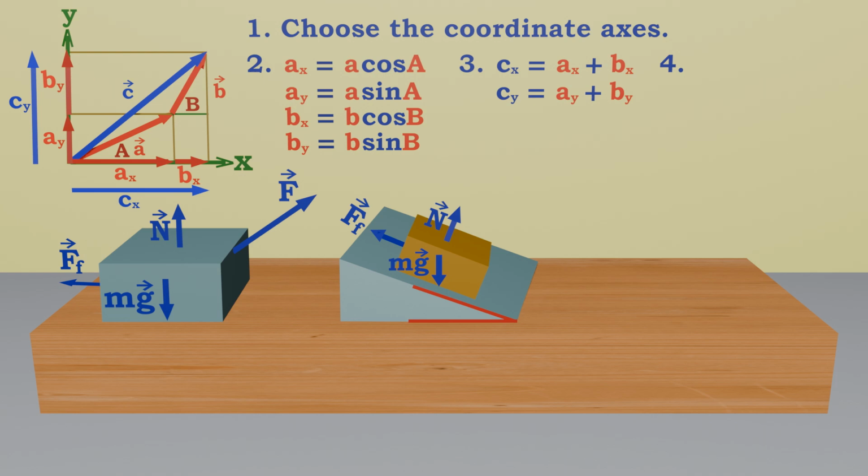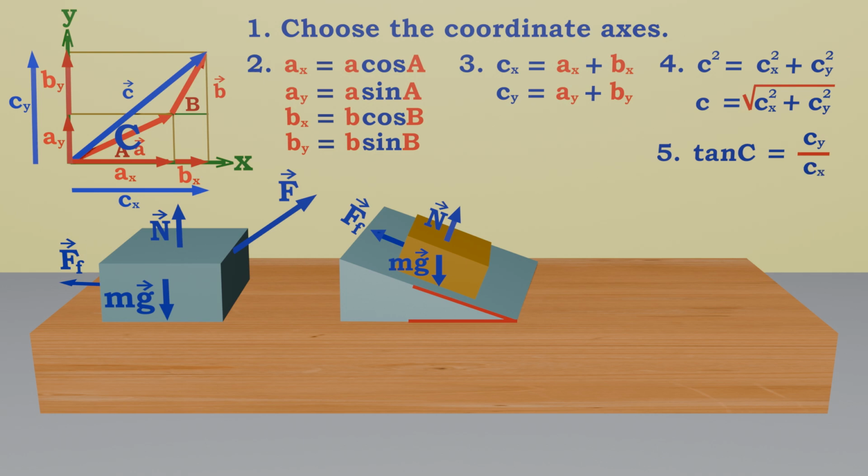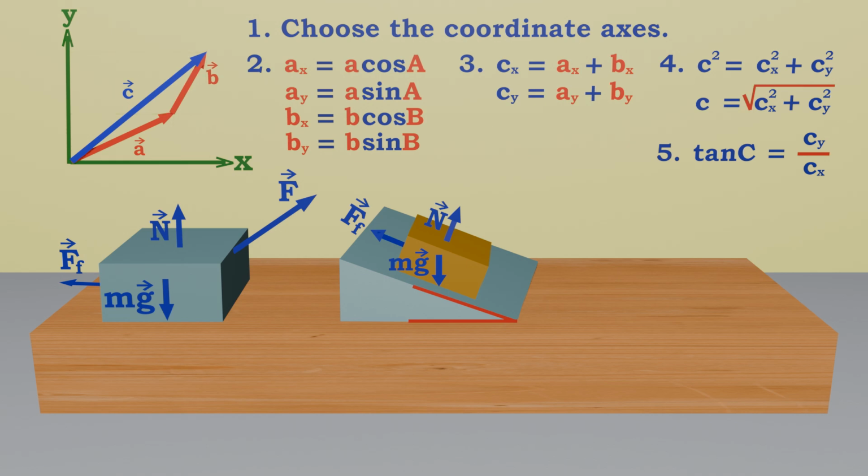Find the magnitude of the resulting vector using the Pythagorean theorem. Step 5. Find the direction of the resulting vector using the formula tangent of c equals cy divided by cx. We see that the number of calculations is quite large, so let's try to simplify our work.